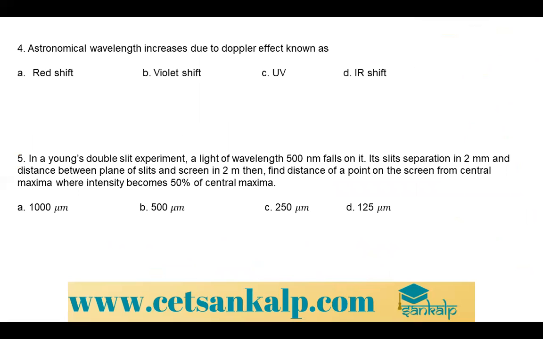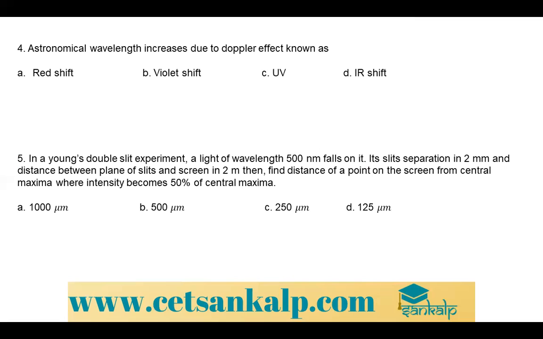Next, the astronomical wavelength increase due to the Doppler effect is known as? According to the concept, you have to remember, when the star moves away from the Earth, there is an increase of wavelength. The apparent wavelength is greater than the true wavelength. If the apparent wavelength is greater than the true wavelength, the measured wavelength shifts towards the red end of the spectrum.